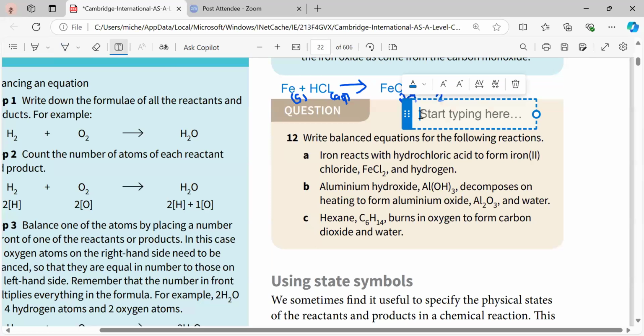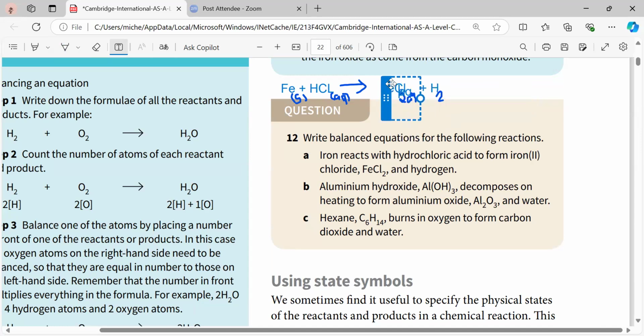I'm just going to see if I can type this in and make the words smaller. So this is technically something like this. Okay, that's basically what I want to write.